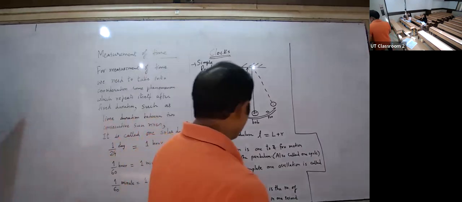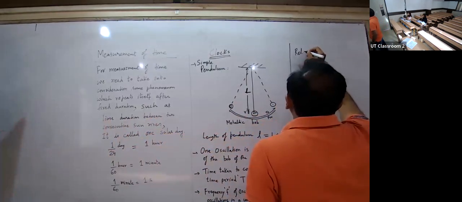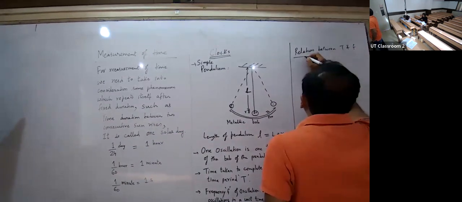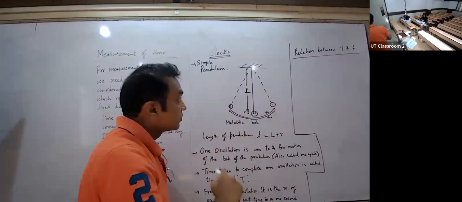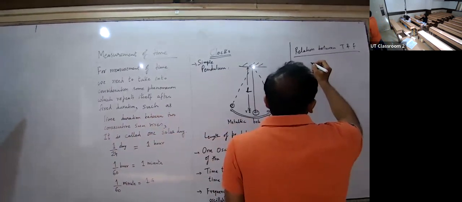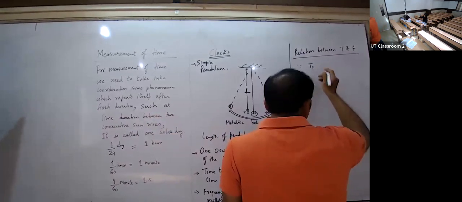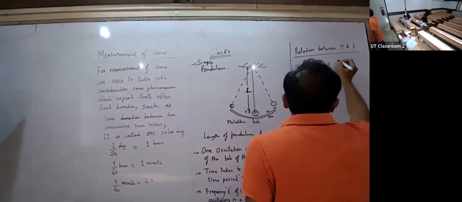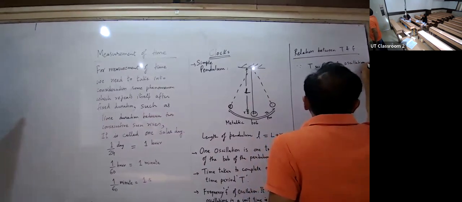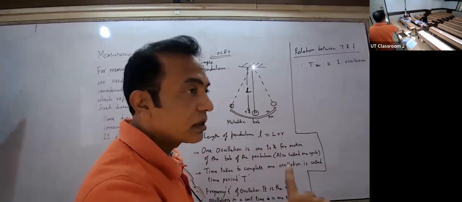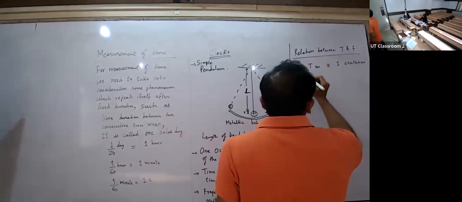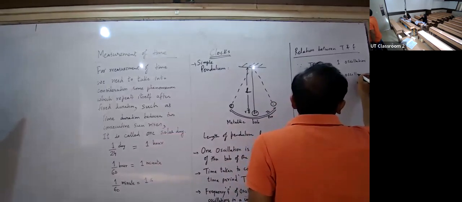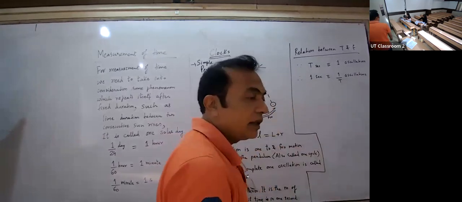Right? So now the relation between T and F. Since T seconds correspond to just one oscillation, therefore 1 second corresponds to how many oscillations? 1 by T oscillations.